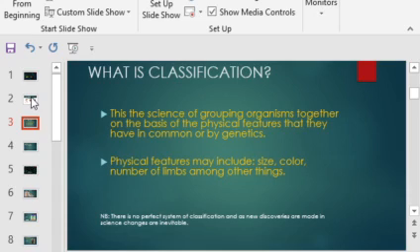And also, we must note that physical features may include size, color, number of limbs, among other things, which we can definitely describe. Just to note, there is no perfect system of classification, and as new discoveries are made in science, changes are inevitable.